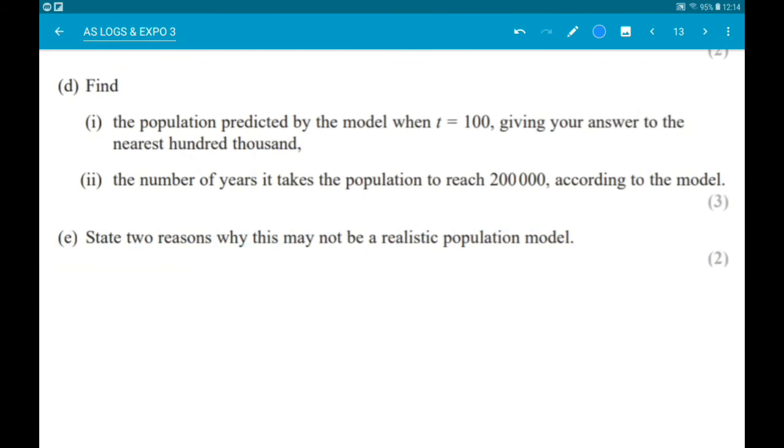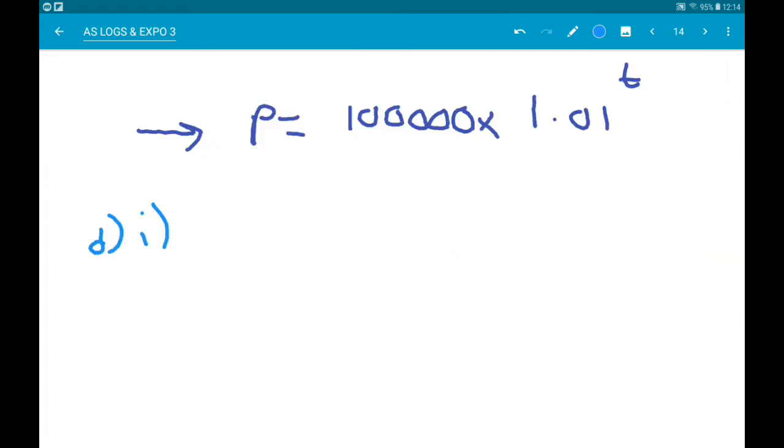Okay, then part D part 1 wants us to find the population predicted by the model when t is 100, giving our answer to the nearest 100,000. So all that we're doing for that is putting in t equals 100.